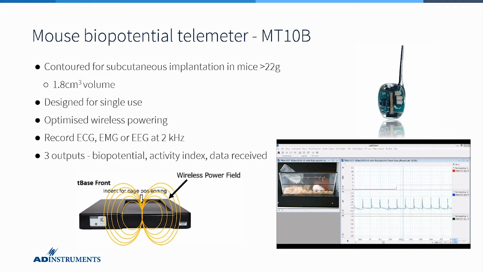Alongside the biopotential, the T-base also allows you to measure an index of activity as the mouse moves around the cage through the wireless power field, and also to detect whether data has been received by the T-base as well. So you can see here, this is an example of a mouse recording ECG as it moves around the cage.